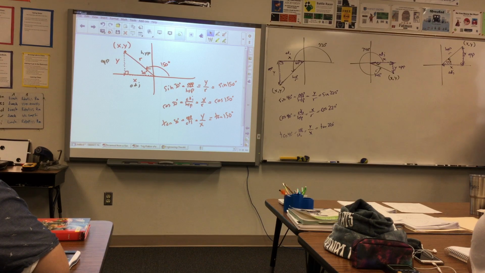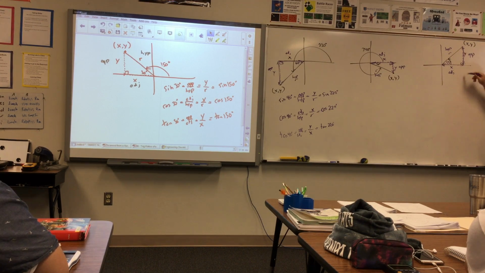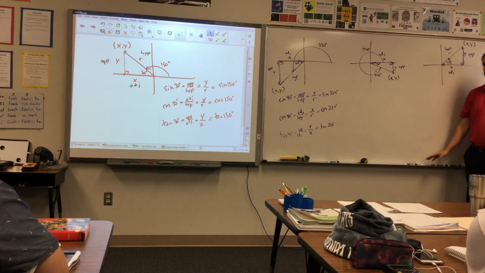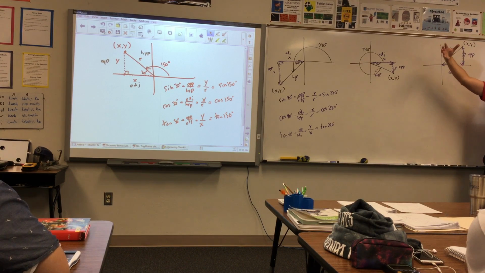So that's great. In every single one of these cases, if we look at our angle in relation to the reference angle, the x is always the adjacent. The y is always the opposite side, okay? So that allowed the mathematicians to say we are going to broaden our definition of sine, cosine, and tangent.